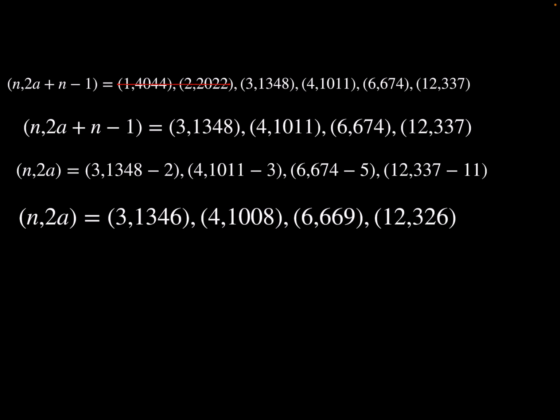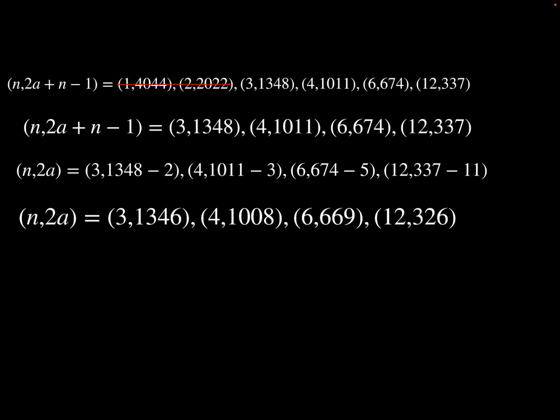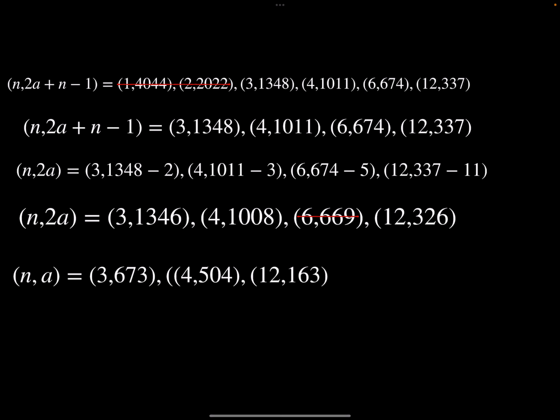Now, we have a value that does not belong here. It's this value here, 669. It's an odd value, but 2a is even, so we can drop that one. So let's delete it. So we only have 3 possibilities left. Then we can divide by 2.